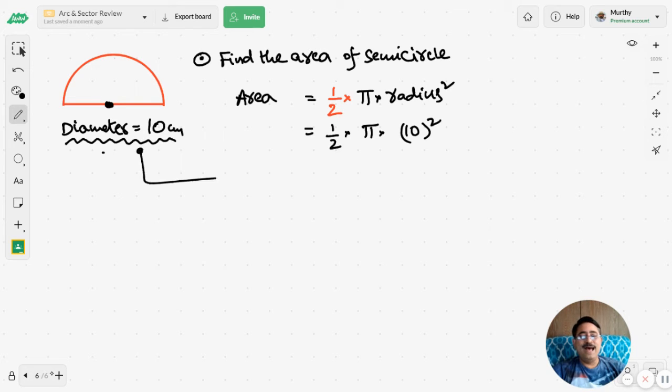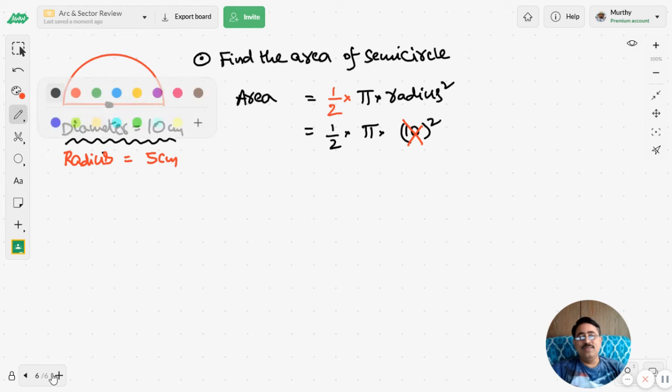The diameter is given as 10, but you are plugging in the value in the place of radius, which is not correct. This is another possible mistake when you take a test. So the blanket rule is, before you start any questions related to circles, you always check whether the diameter is given or the radius is given. You know that radius is half of the diameter. Therefore, this is going to be 5 centimeters. Please notice that this is not 10.